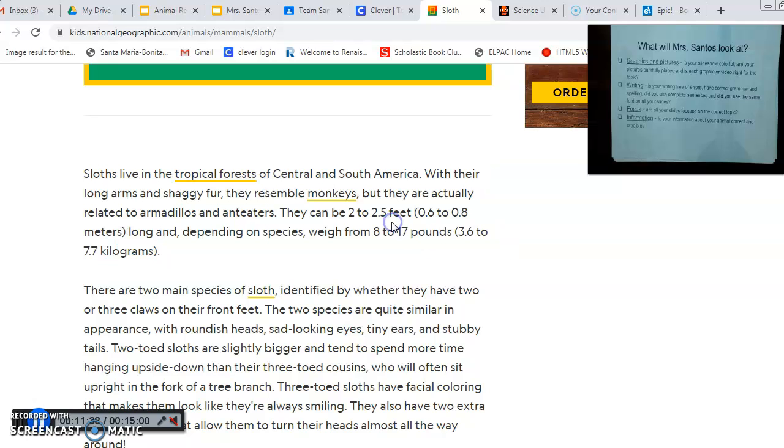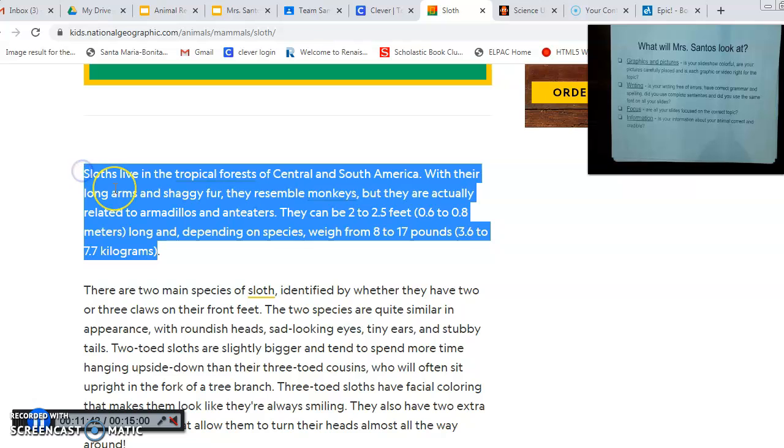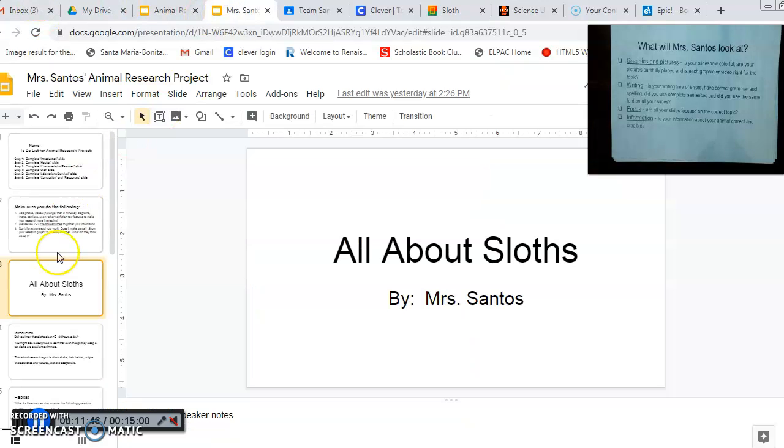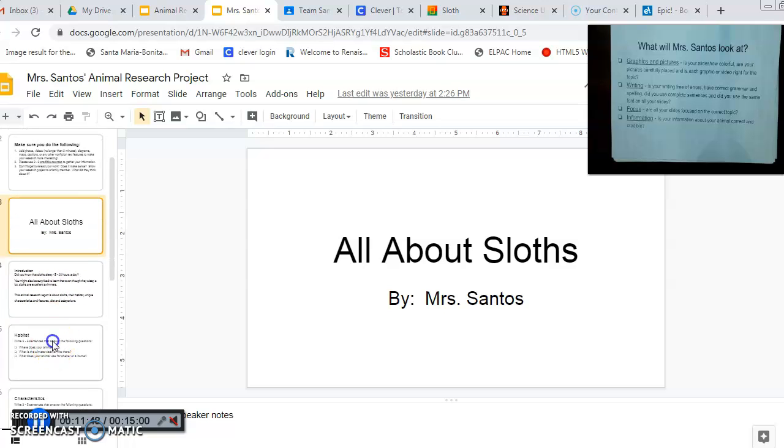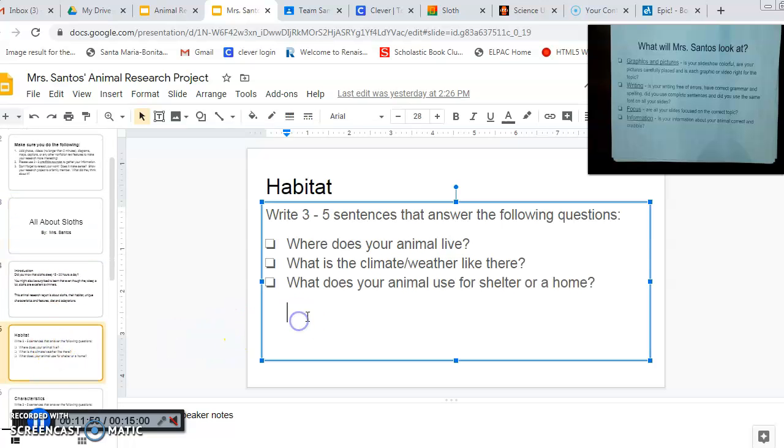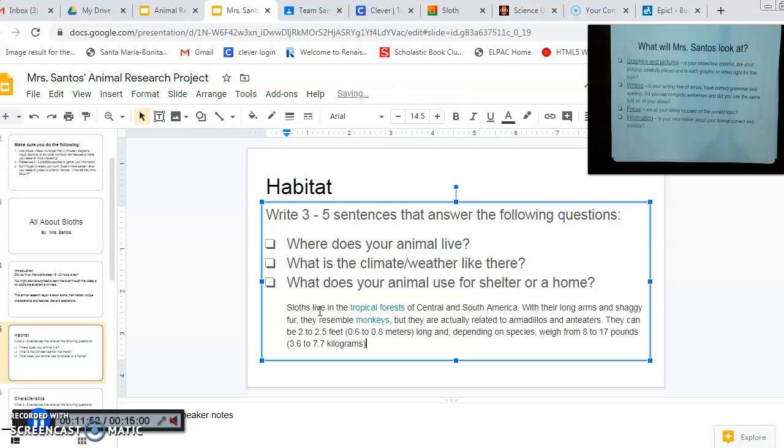I cannot copy this information word for word and put it in my slideshow. Just like that. No, boys and girls. That is what we call copying and cheating, and we don't want to do that.